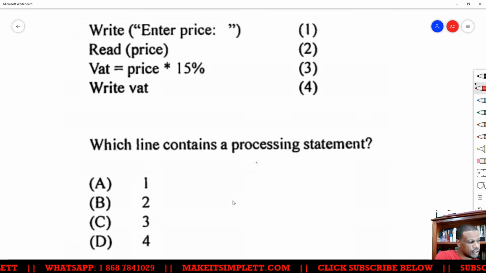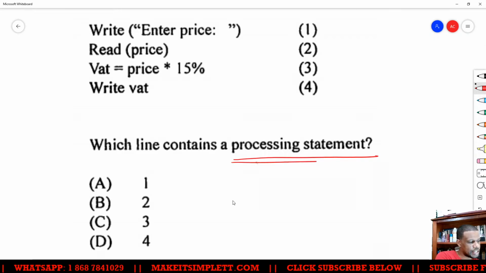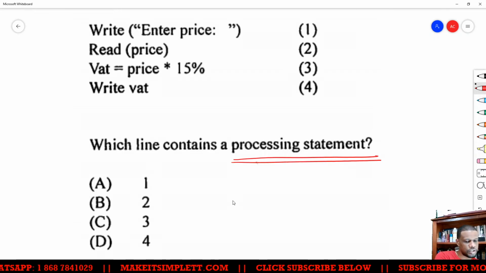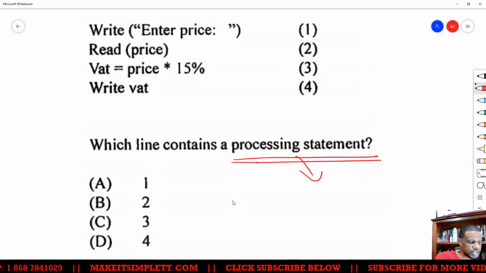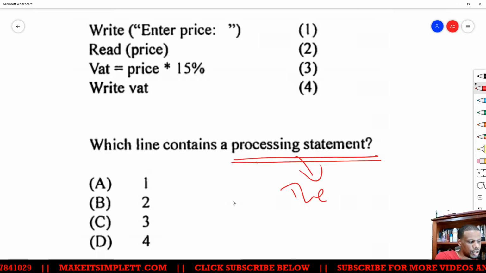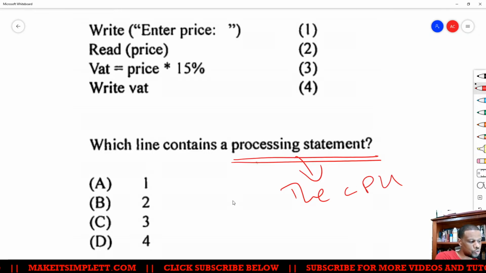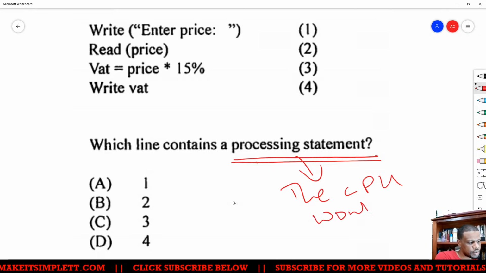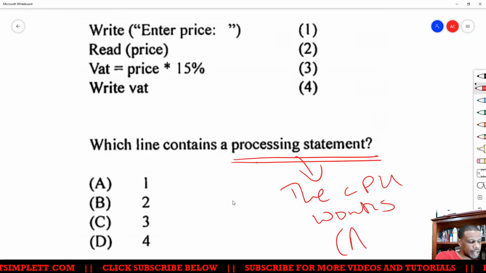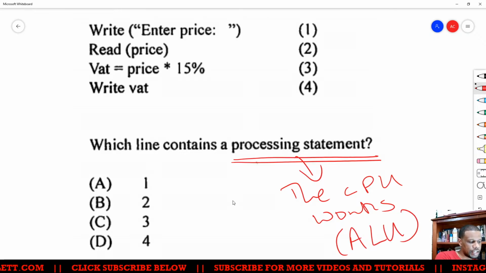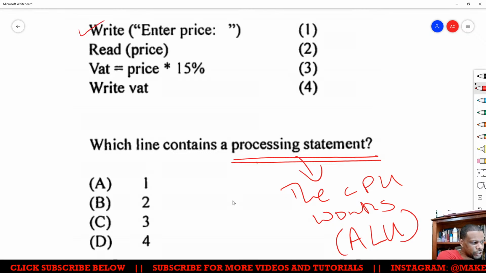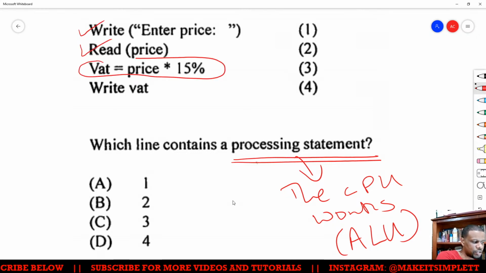Which line contains a processing statement? Alright, so a process is usually when the computer has to do something. So process is when the CPU works, more likely the ALU. So the ALU inside the CPU has a job to do. Does this make the ALU do anything? No. Does this make the ALU do anything? No. But does this make the ALU do something?